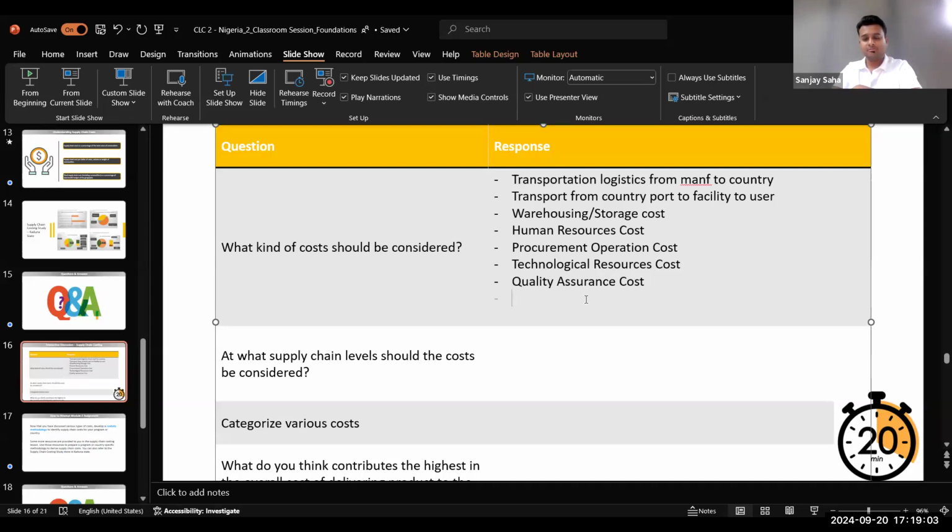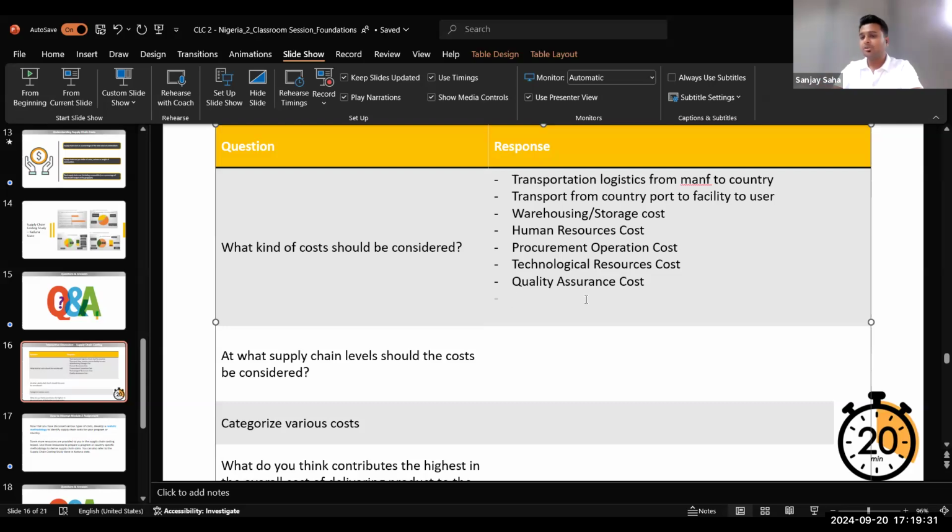I think most of it is done. There's just one type of cost which no one has said. There can be some micro costs as well, depending on country to country, but more or less this is mostly it.